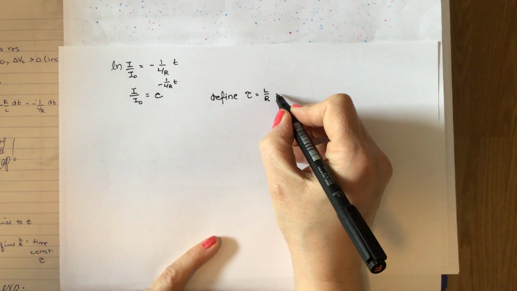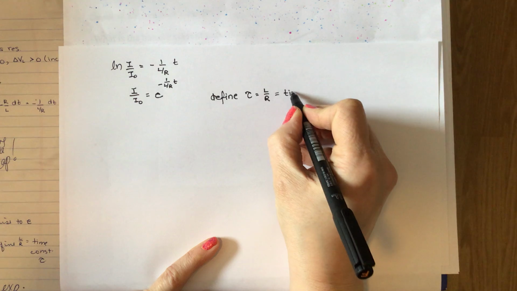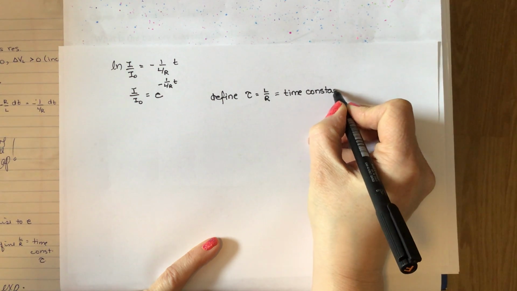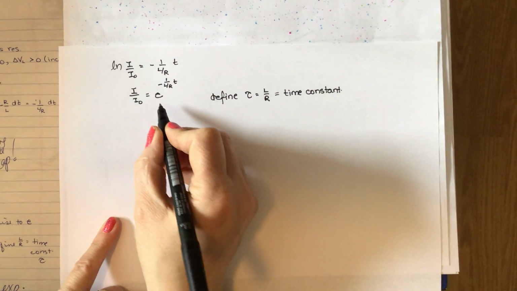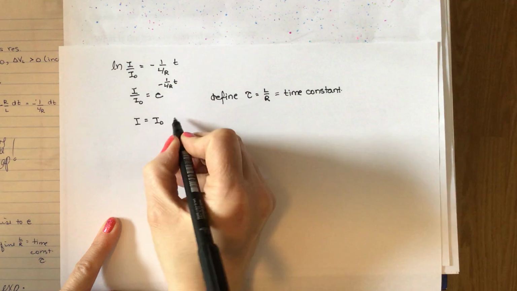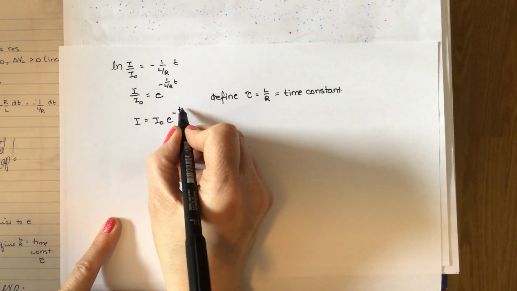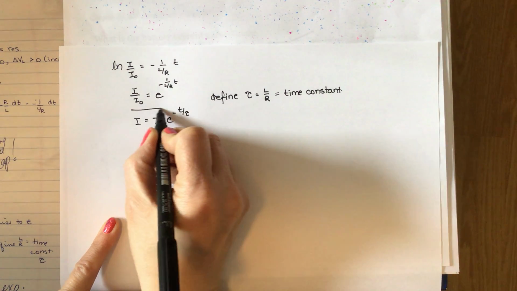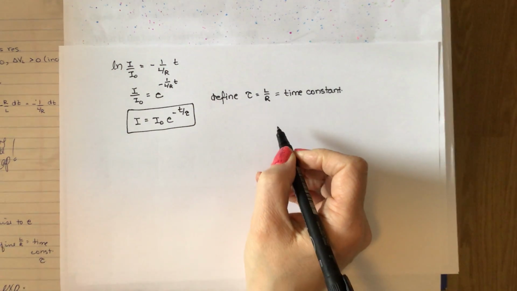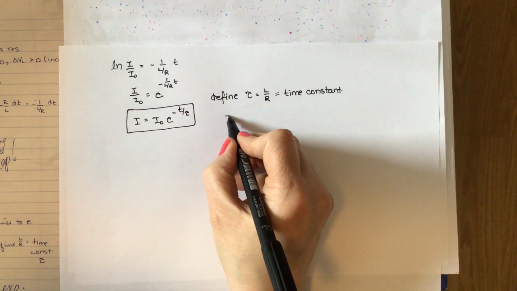We define tau as L over R, the time constant for this circuit. Similar sort of thing that we had for a capacitor circuit. So now I'm going to bring my I0 up to the other side. I equals I0 e to the minus t over tau. So there's my expression for current as a function of time in an LR circuit that starts off with current flowing.